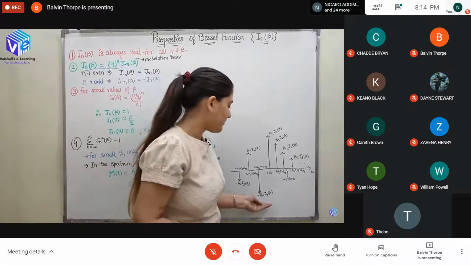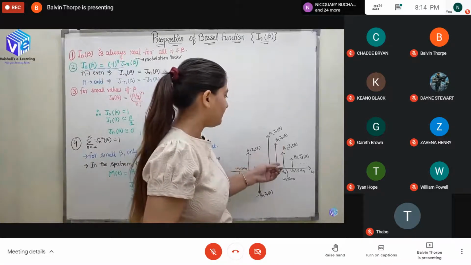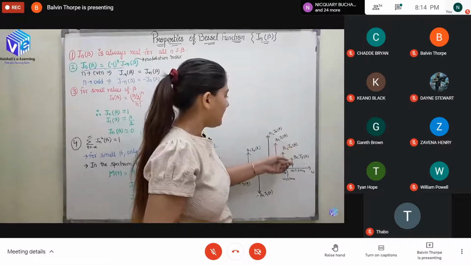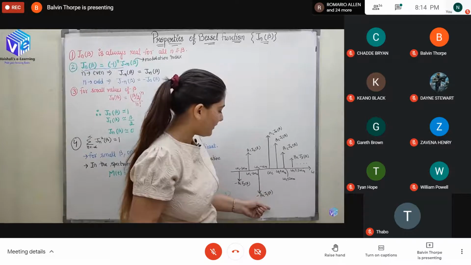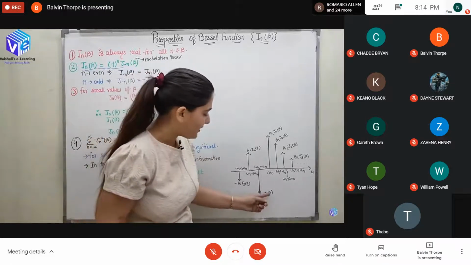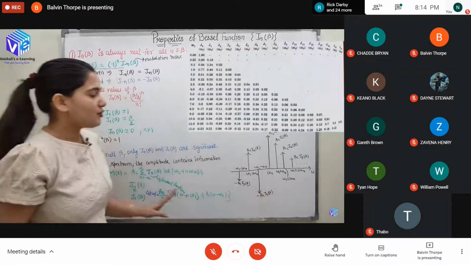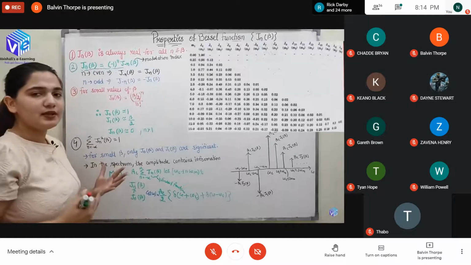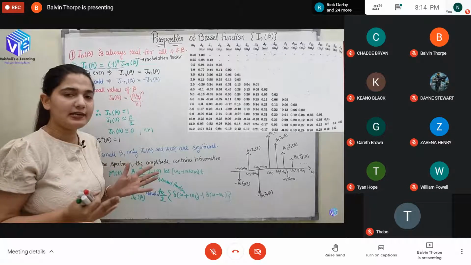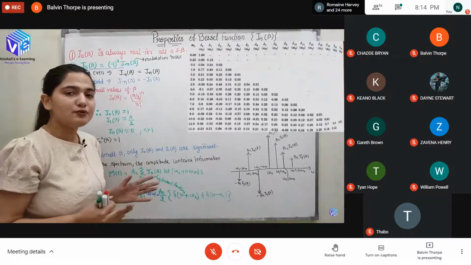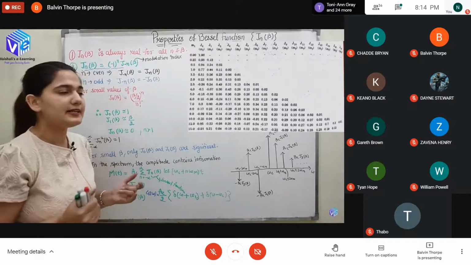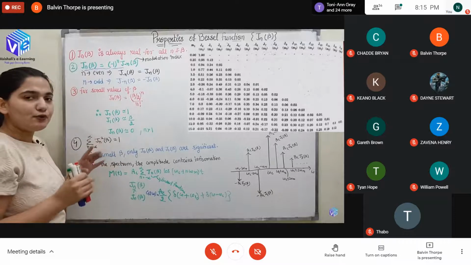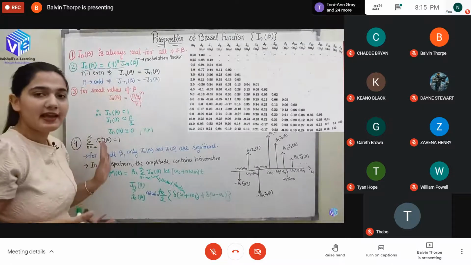So this is the reason why I plotted the J1 beta in the upside and J minus 1 beta in the downside. So it is equal to minus of J1 beta. So now I can see from the graph how I can plot the values of J for different n and different beta. So I can find out for different minus n as well.